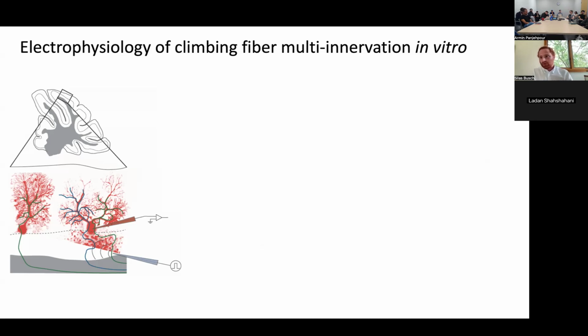And with this, you don't visualize the climbing fibers. You only get their signal output on the Purkinje cell. So there was one study that did a similar kind of tracing method, and in that case, they could observe that the climbing fibers were innervating different territories on the dendritic arbor. So that also supported this idea.